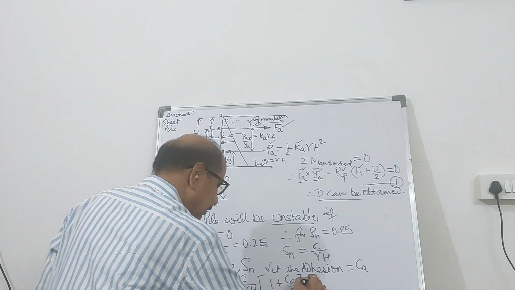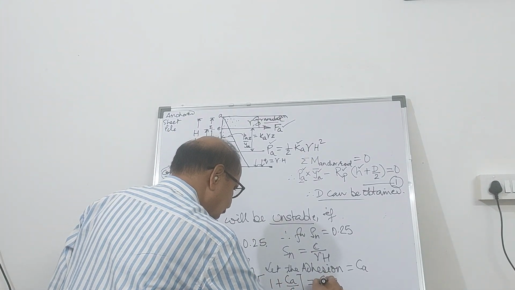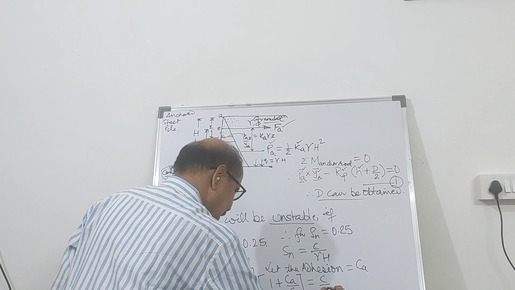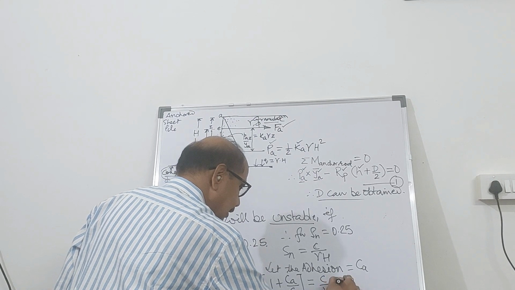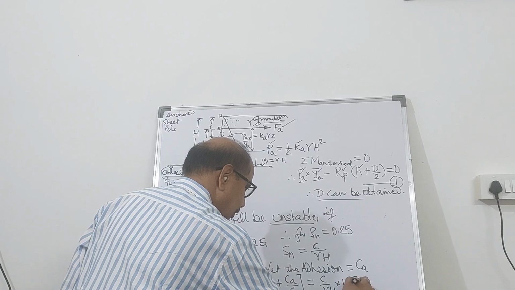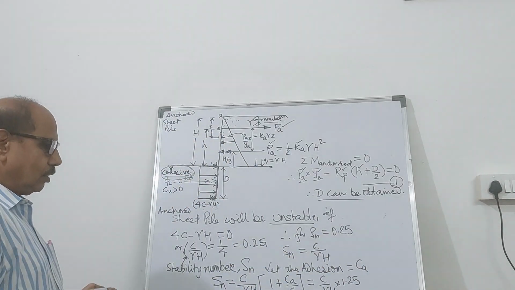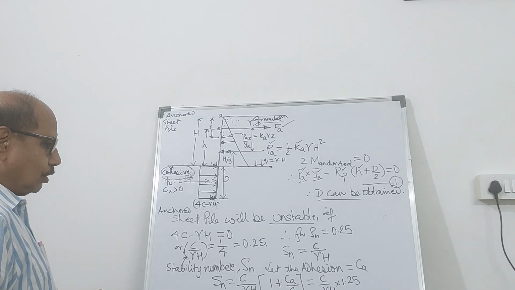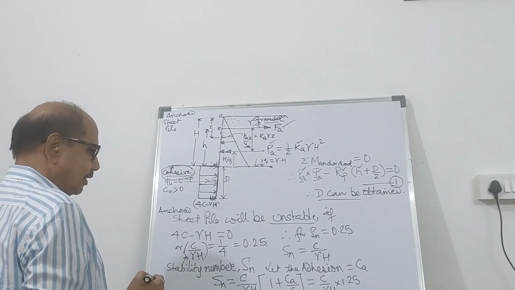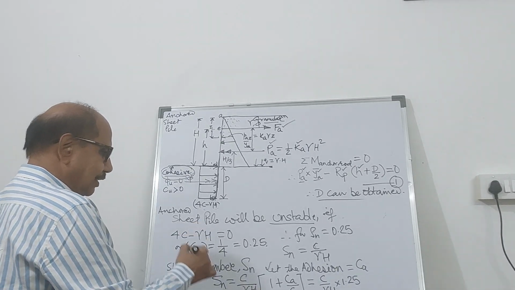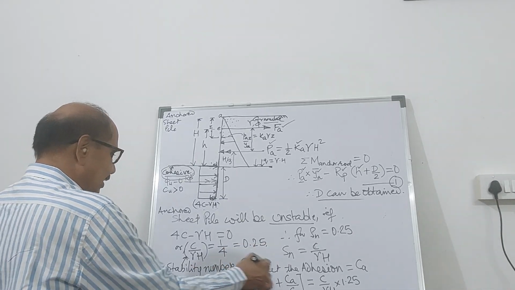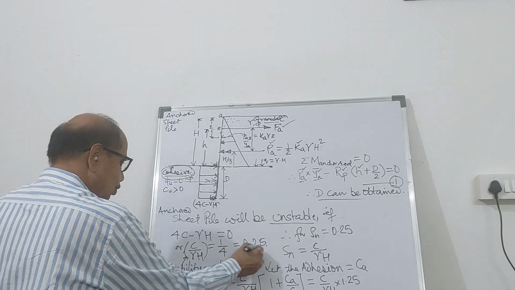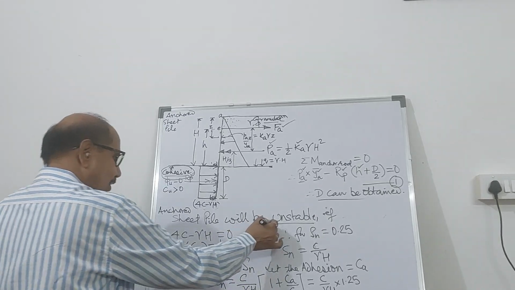So this can be written as C divided by gamma H into 1.25. So friends, you already know what the minimum value of C divided by gamma H is. That is 0.25, and it's unstable.